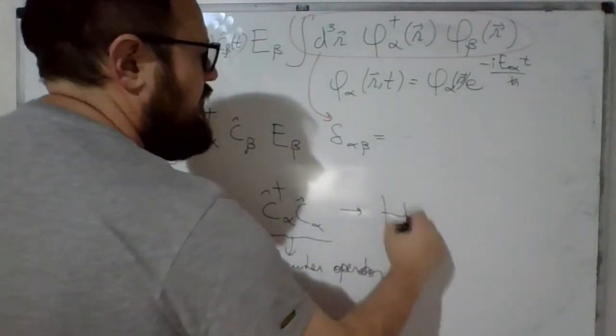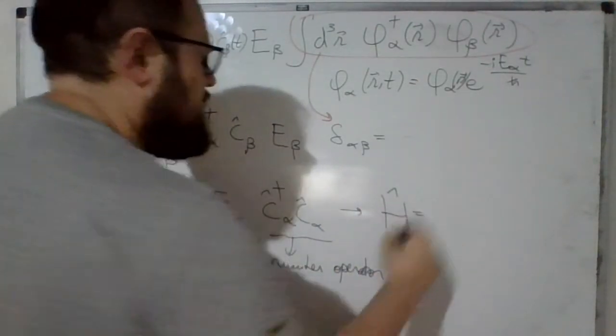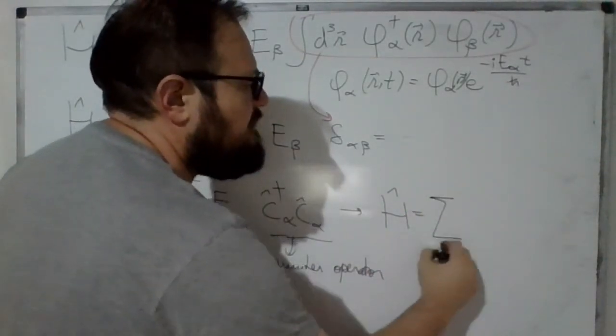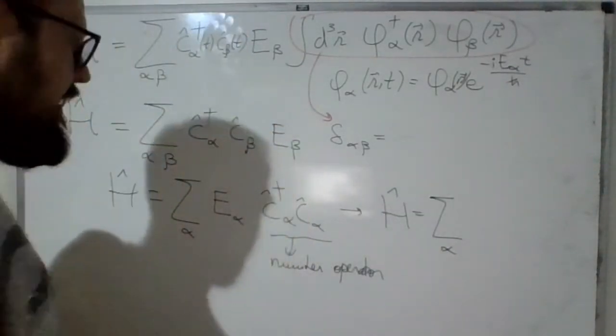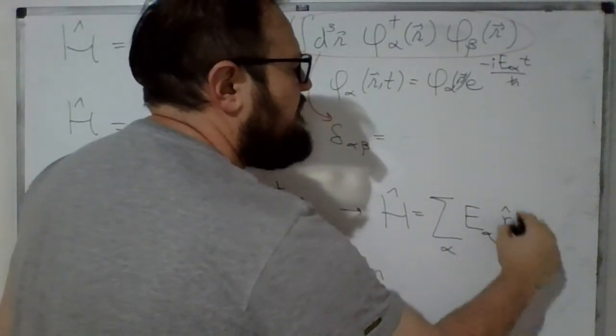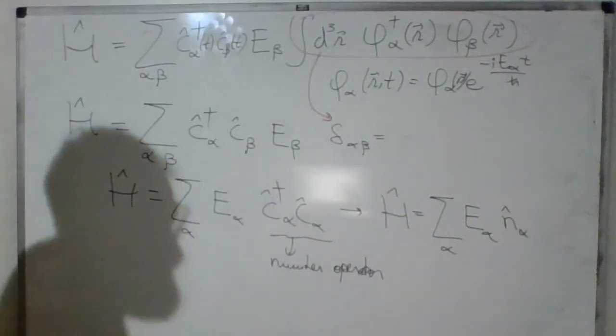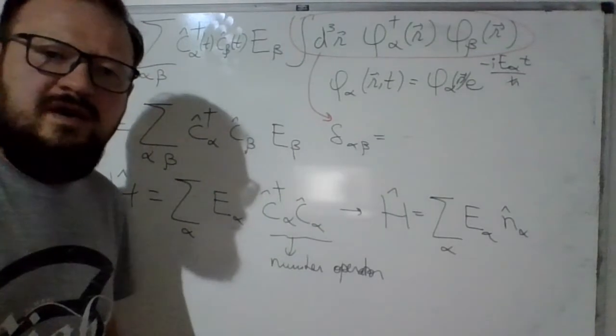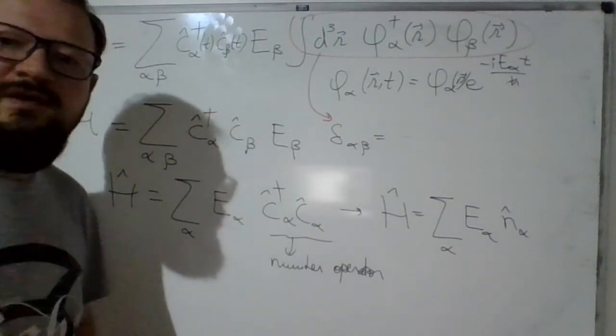So what is the result of a second quantized Hamiltonian? It is a summation over alpha, the energy of the state alpha, times the number of particles in that state. Okay, this is your second quantized version of a Hamiltonian for a single particle.